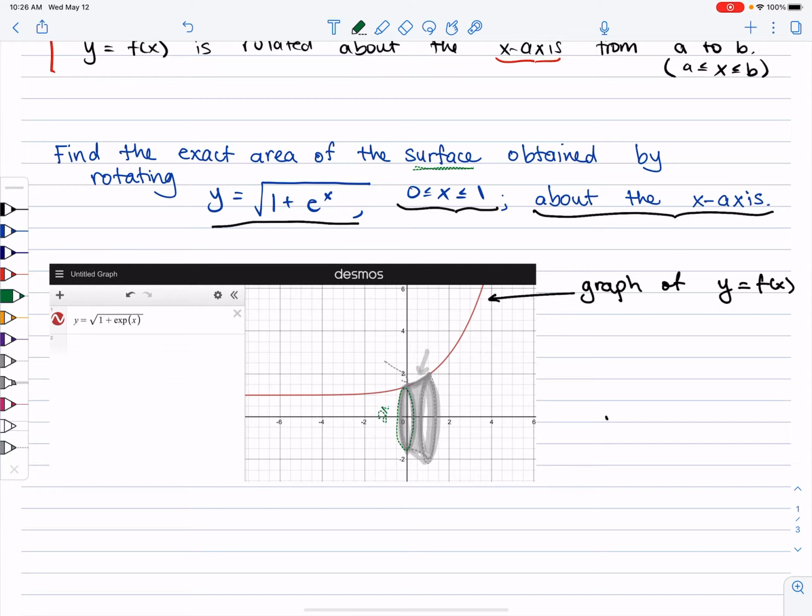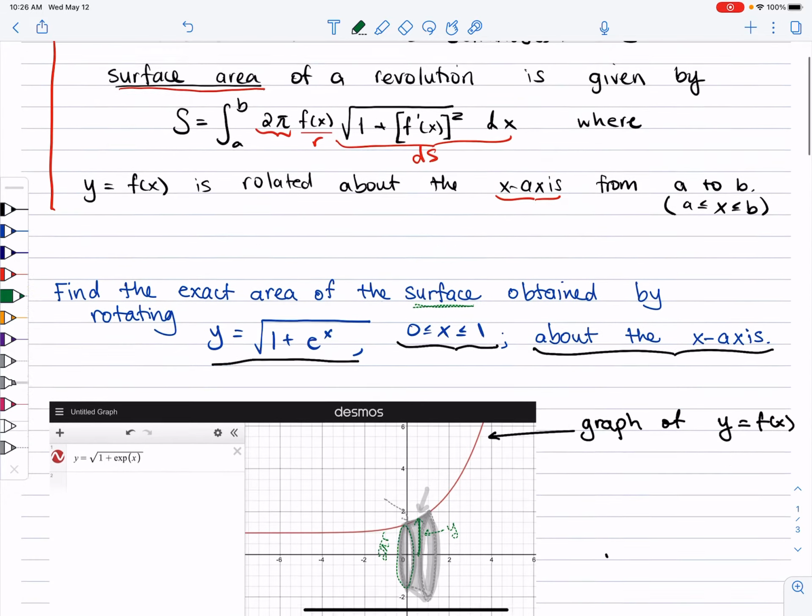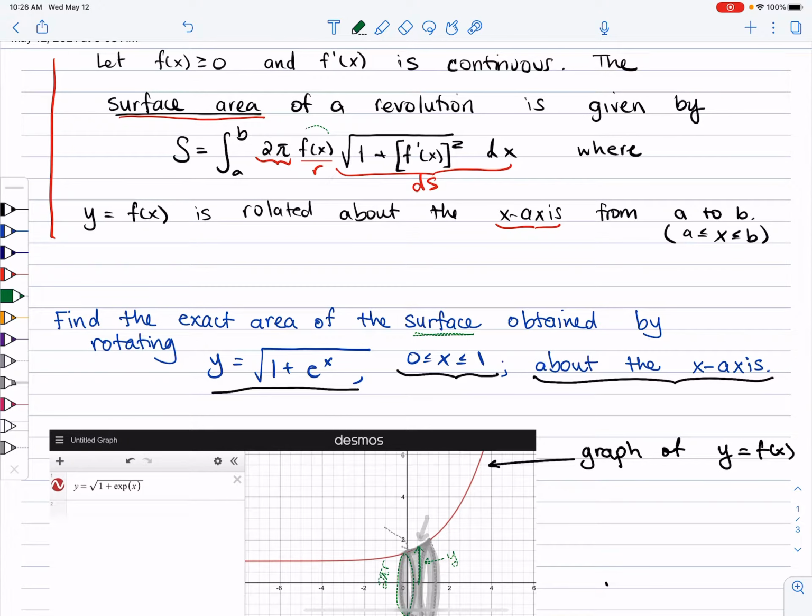So we have 2 pi r, where r is the distance from the axis of revolution to the curve. And the distance from the axis of revolution to the curve is going to be equal to y. And that's what we have in our formula, f of x.